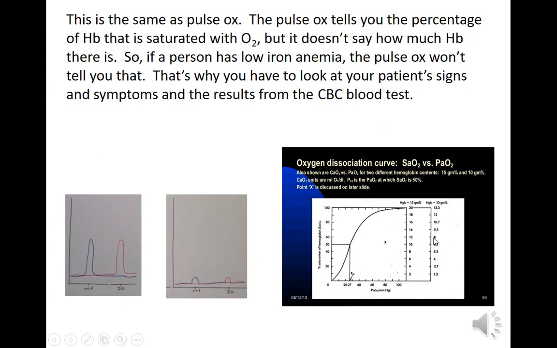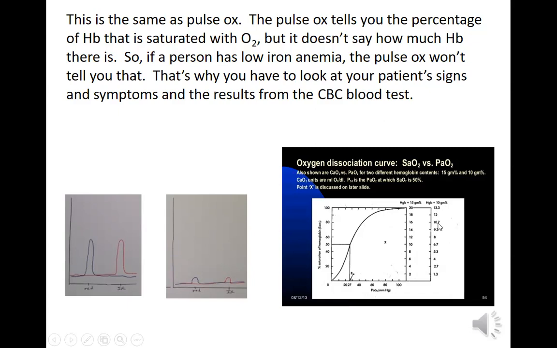So your CaO2, like we said at the beginning, should be between 16 and 22 milliliters of oxygen per deciliter of blood. This is just showing you a hemoglobin of 15 versus a hemoglobin of 10. 15 is normal, 10 is low. If you have a normal CaO2 of 16, that means your hemoglobin is 15.